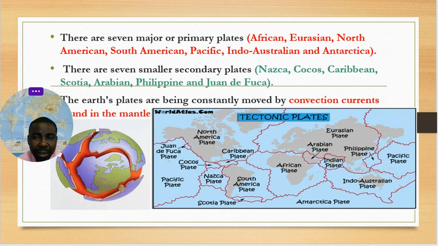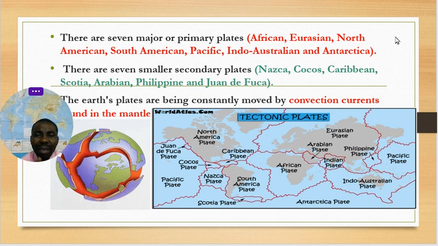And they are the African plate, Eurasian plate, North American plate, South American plate, Pacific, Indo-Australia, and Antarctica. Okay? If you count all these plates, you discover that there are seven: one, two, three, four, five, six, and seven.